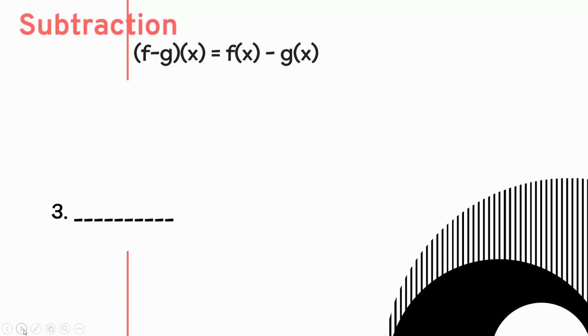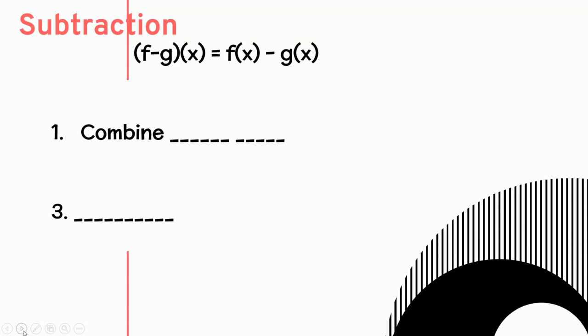All right. Addition is the easiest operation we can do. Subtraction is almost as easy. We just have to remember a certain step. So this one's going to look like f minus g of x, and that equals our f of x minus g of x.